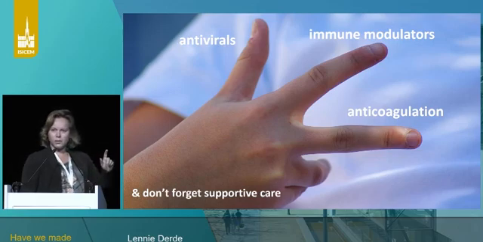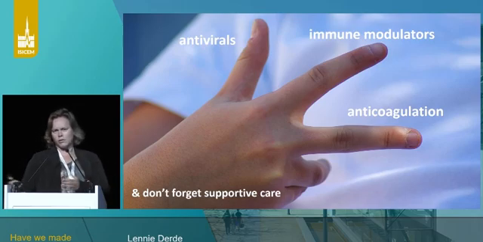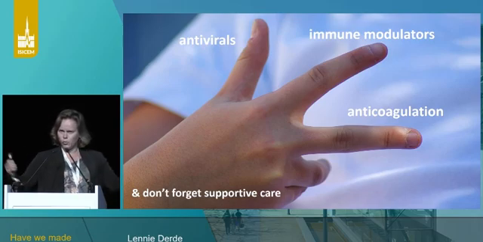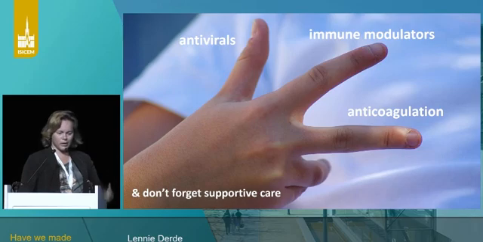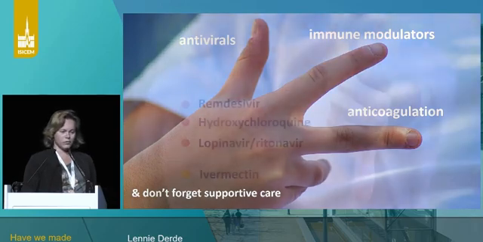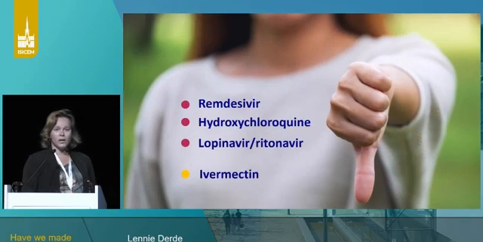And the tricky thing is that some interventions may belong to 2 pillars or maybe even 3 pillars. So we've talked about the antiviral effect of monoclonal antibodies. You could consider those immune modulators. There's a difference between baricitinib and prednisone, but broadly speaking, this is my pillar model for the treatments of COVID-19.